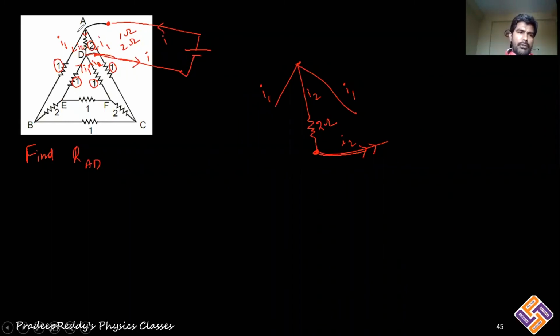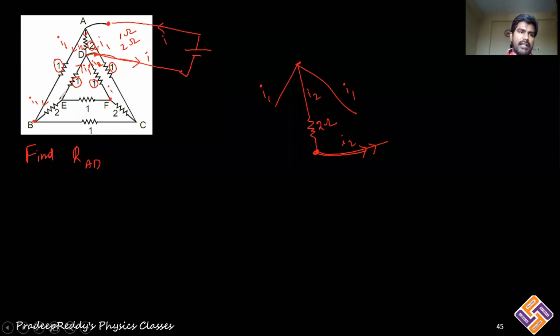Now come to this point B. As I1 current is coming here, I1 current is coming here. Now check it up. From E to D, how much current should enter? Definitely I1. And from F to D, how much current should enter? I1. Therefore, what is the current value at this point?